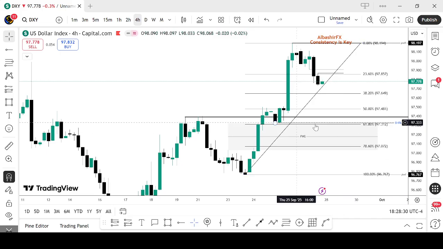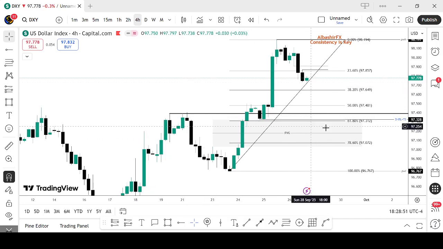So if price actually takes us into the 61.8 or 62% region, we have an unmitigated 4 hourly fair value gap inside the daily fair value gap. I decided not to add that to our chart. So this area will be our long-term area to see price react and go higher.